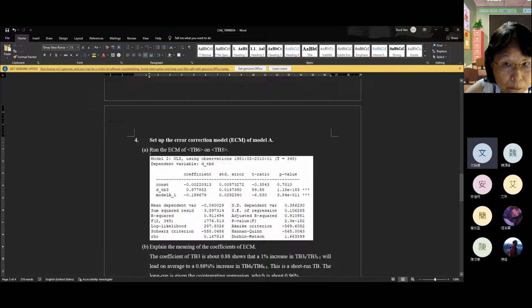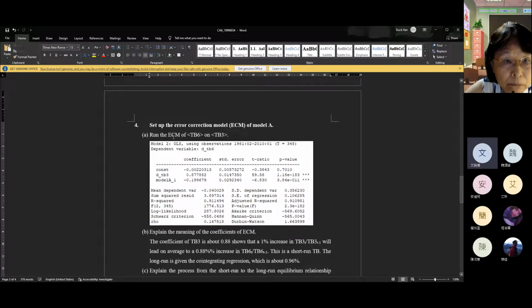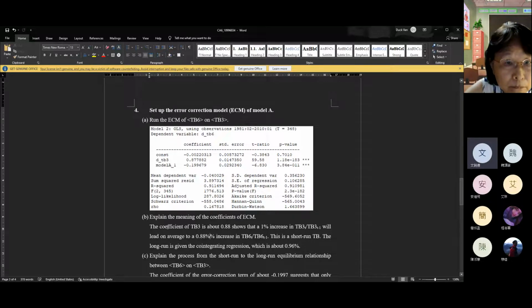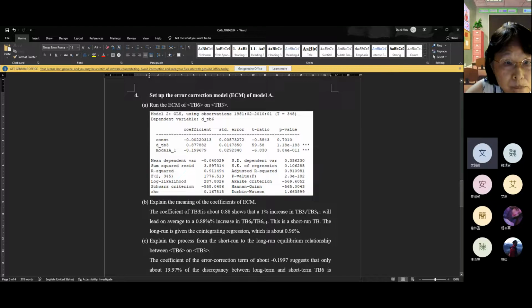Number 4. So we run the ECM of TB6 on TB3, and the coefficient of TB3 is about 0.88, which shows that a 1% increase of TB3 at lag 1 will lead on average to a 0.88% increase in TB6.